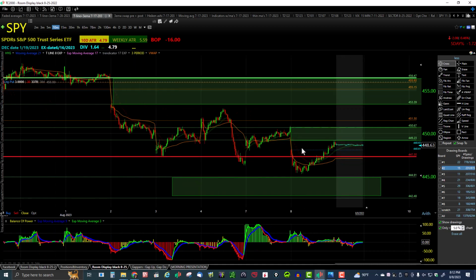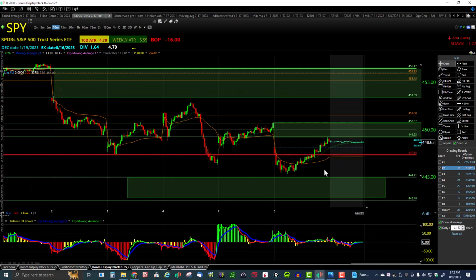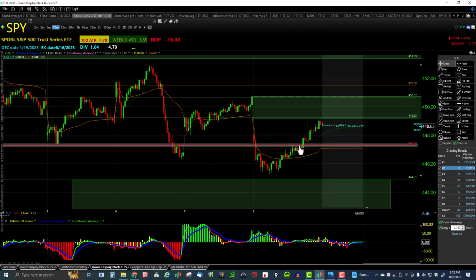Now, my favorite setup is a 10-minute uptrend. And by that, I mean the 3 EMA has crossed over the top of the 8 EMA, and the price and the 3 EMA and the 8 EMA are all trading over VWAP.